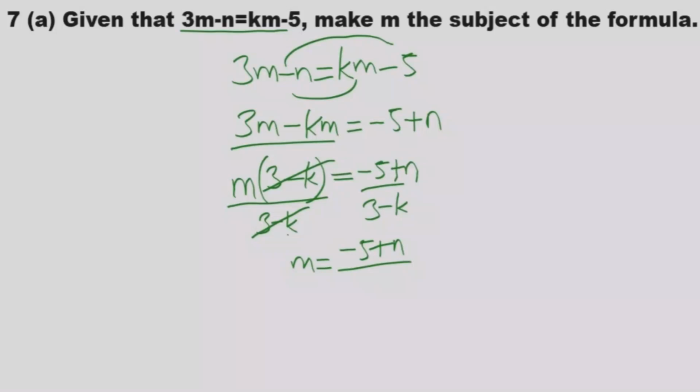If we come to numbers, down here we have 3, on top we have 5. If we come to variables, we have n on top and k down, so they are not like terms, so we copy them just the way they are. Okay, now like this, we have made m the subject of the formula from that expression.